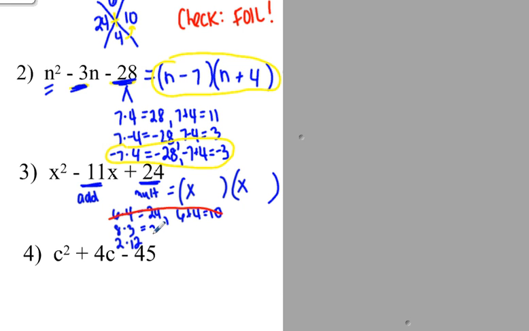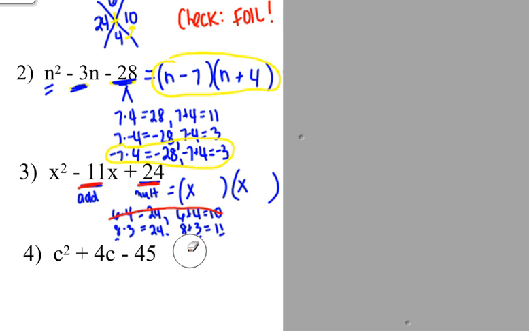8 times 3 equals 24. 8 plus 3 equals 11. And this matches close to what I have in my problem, but still not yet. Something else you might want to consider, since we did get 8 plus 3 to equal 11, let's try and change this problem slightly.